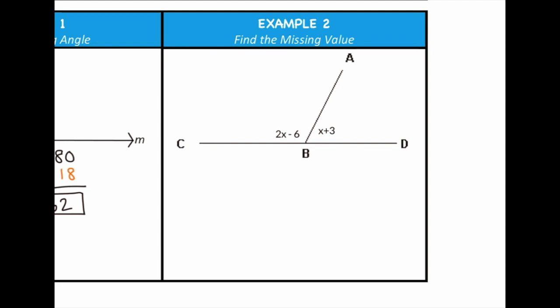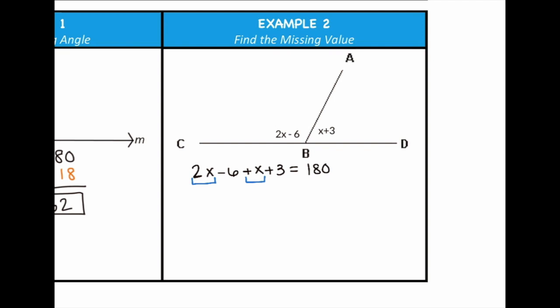Because they're supplementary angles, we know that we have to add these two angles together and set that equal to 180, because the sum of supplementary angles is 180 degrees. So because I have multiple like terms in this example, I need to first combine my like terms.